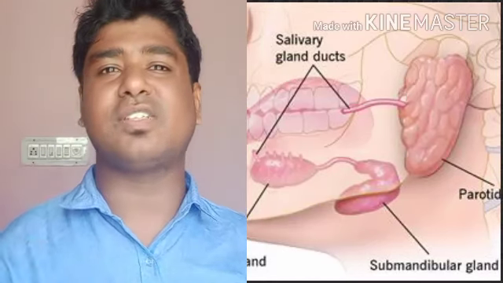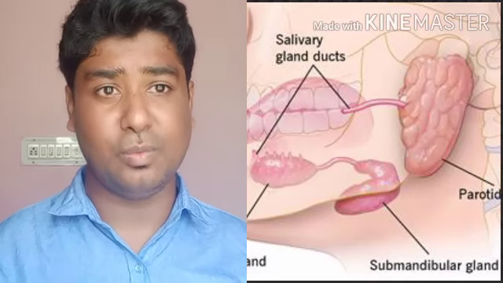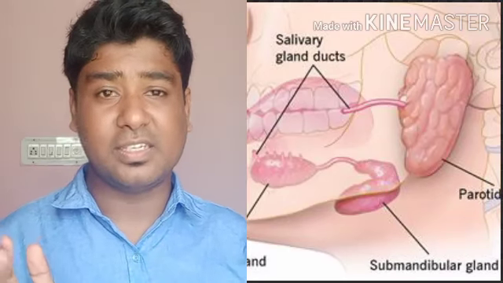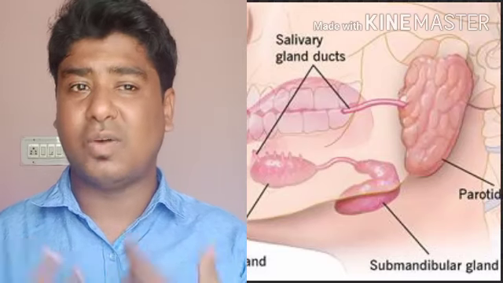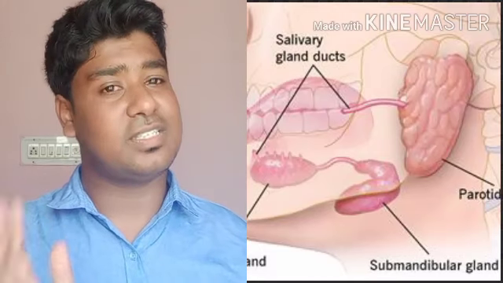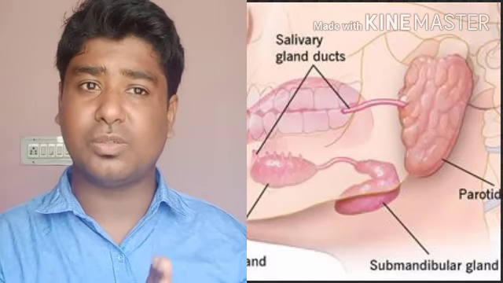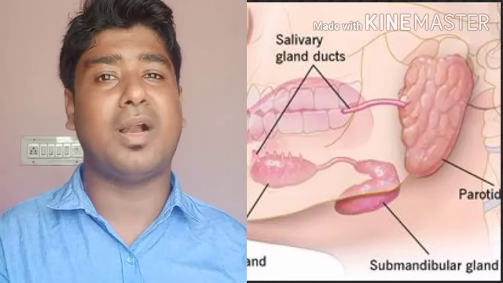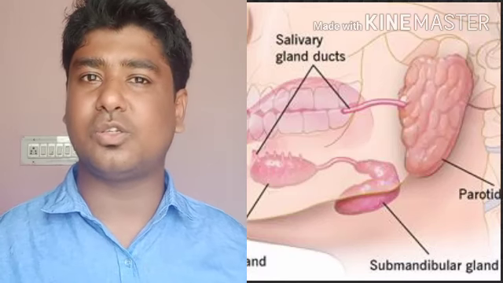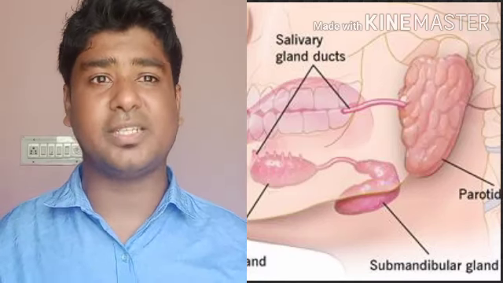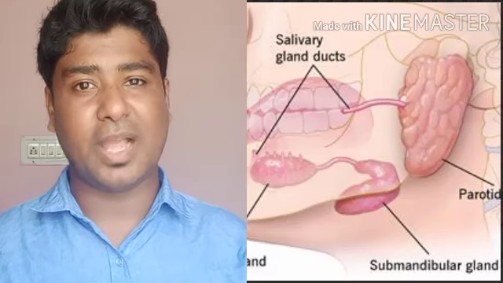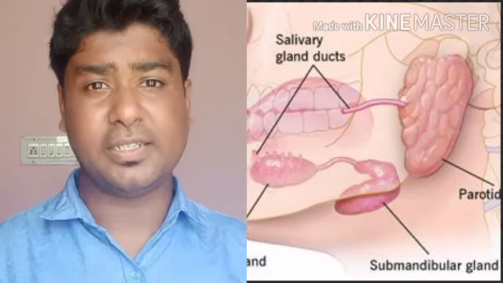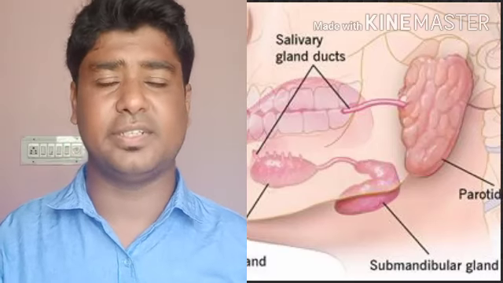The function of salivary amylase is that it converts the carbohydrate in the food, what we consume is starch, so that starch will be converted into a simple carbohydrate, that is maltose. So starch is converted to maltose in the presence of salivary amylase. That is the first thing.